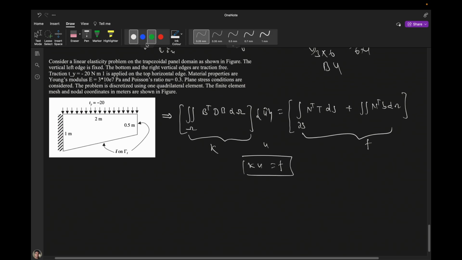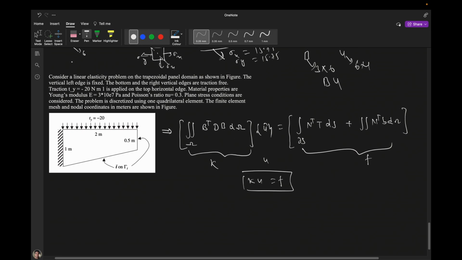So we will use this variational statement for this problem.